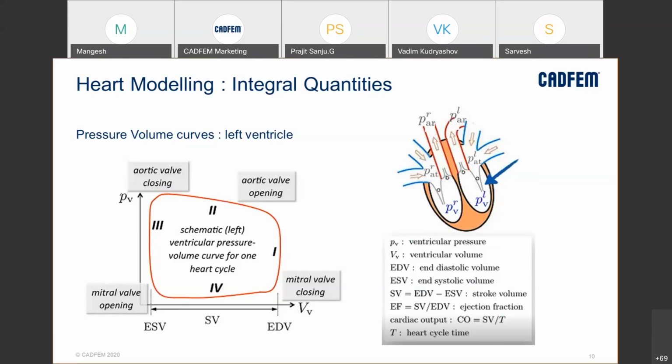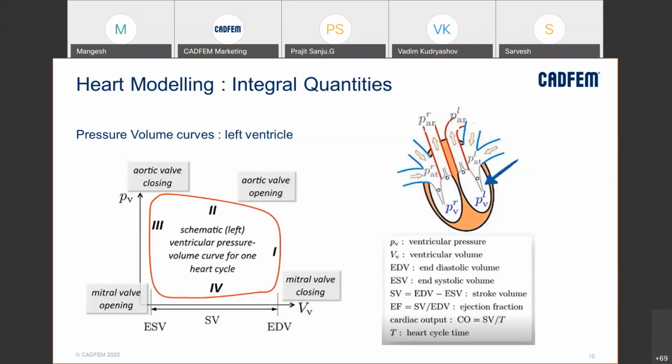So within this left ventricle, you can see the different stages of its operation, where in the first stage, the mitral valve is closing off, and the pressure will be increasing due to the contraction. Because of this pressure within the heart's ventricle, and the pressure in the aortic artery being lower than that, the aortic valve will open, right?